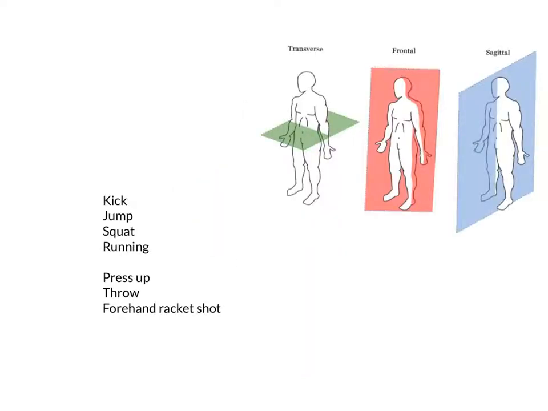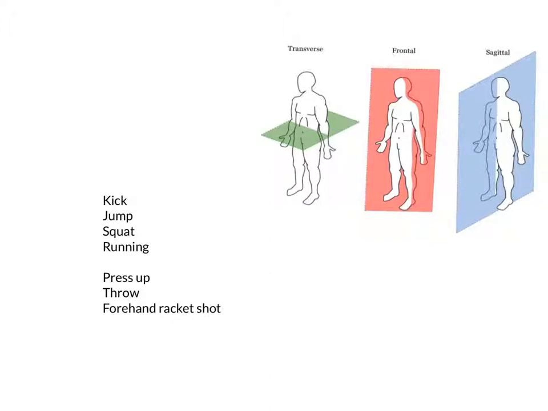Now, at the moment, from what I can see, these are the only movements that they will ask you about for axes and planes. Now, you've got 4 lower body and 3 upper body. So it's likely that they'll ask what plane and what axis one of these is taking place in. So let's make it easy for ourselves and work out the answer now.